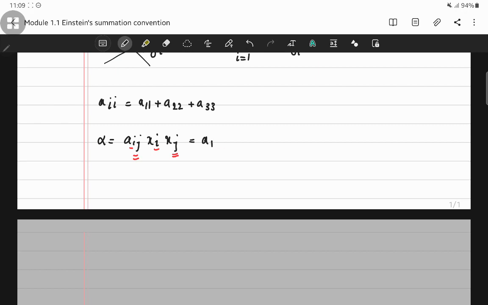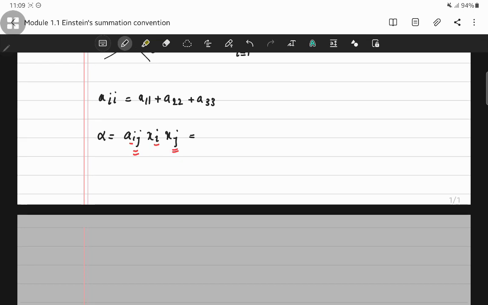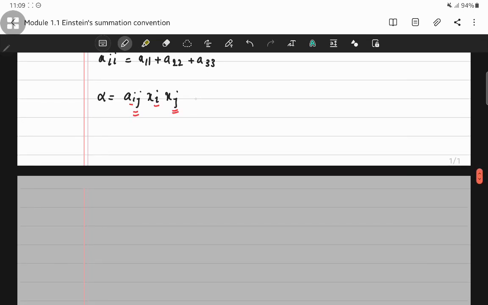I will write it here, and then I will remove it. So i is equal to 1, and I have a_1j x_1 x_j plus, then i equal to 2, then I will have a_2j x_2 x_j plus, and i gets 3, so it becomes a_3j x_3 x_j, of course.